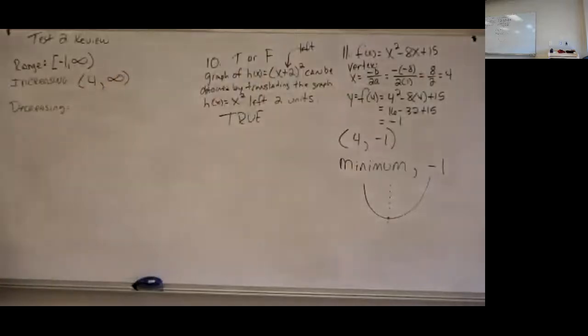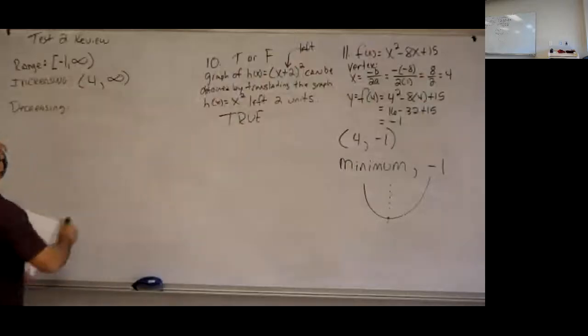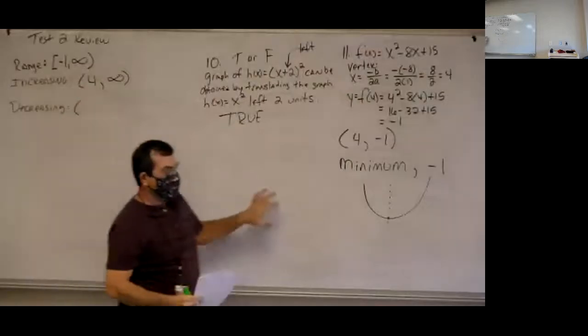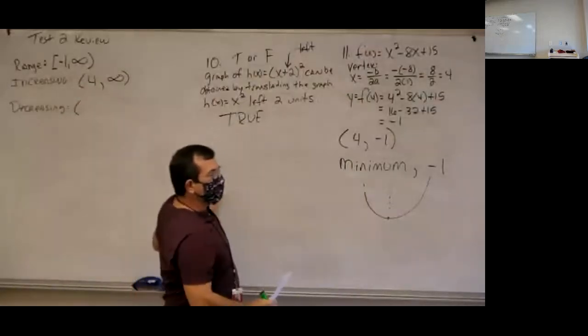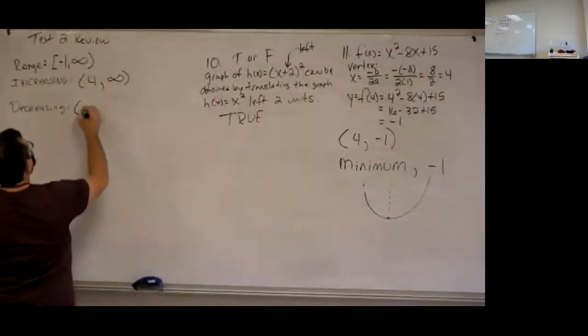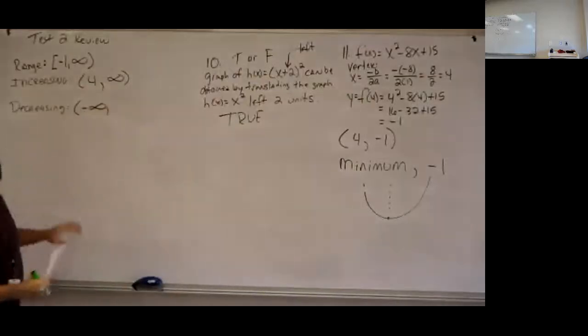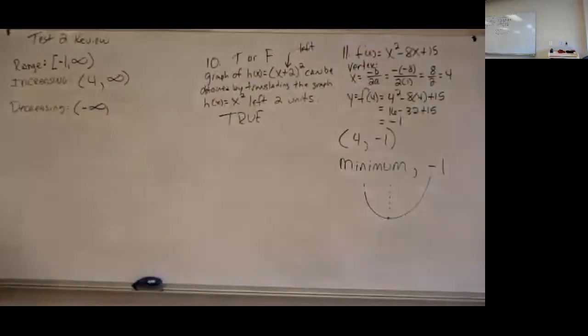Now, increasing and decreasing, always use the curves. So, if it's increasing from 4 to infinity, it's decreasing on this left side as you go down the x's. So where do the x's start? So negative infinity. And then this is going downhill until I hit the x value of 4.